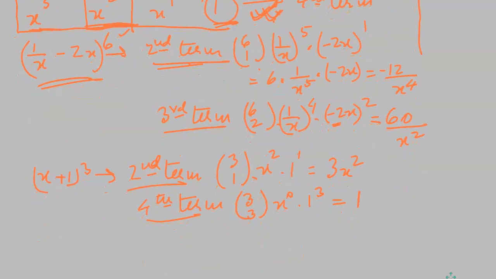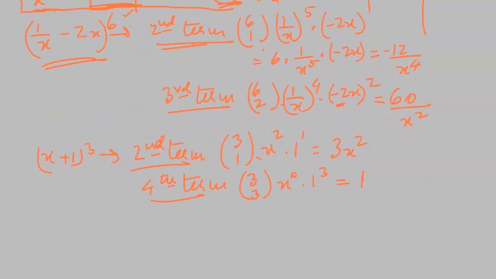Now we will be just multiplying the terms. So this one, negative 12 over x to the power of 4, should get multiplied with this. Therefore, negative 12 over x to the power of 4 times 3x squared, plus 60 over x to the power of 2 times 1. And negative 12 times 3 is equal to negative 36.